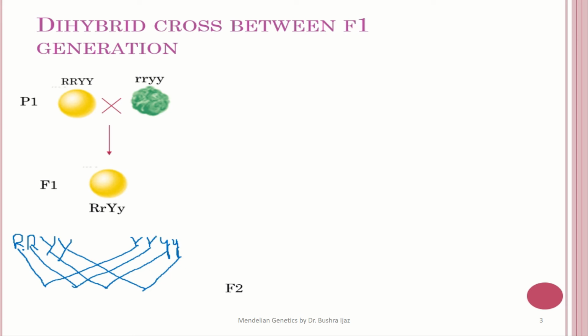In either case, if you take two alleles, capital R, small r, because this is the similar one, then capital Y and small y, the similar one. So with this combination, the F1 plant will be capital R, capital Y, small y.